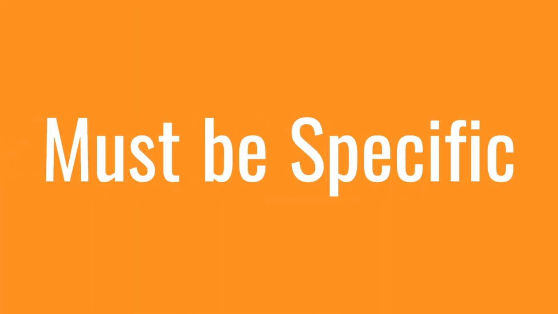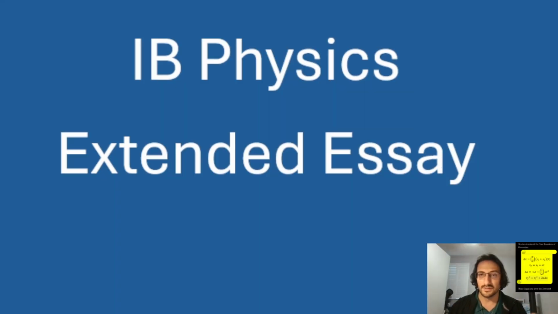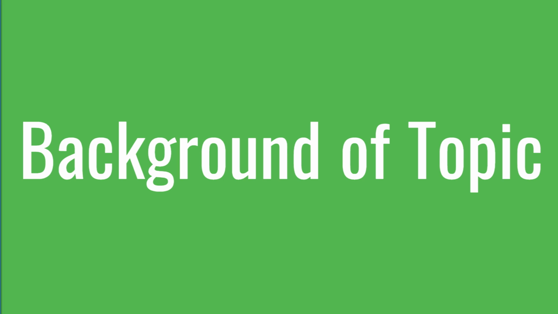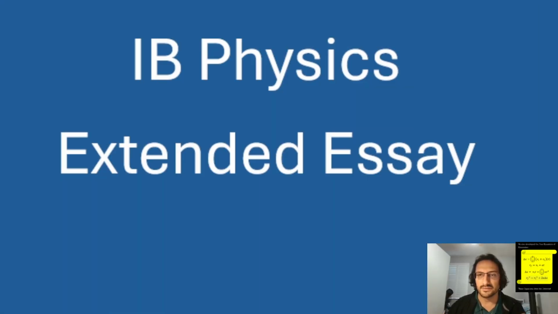Besides the research question and the hypothesis, you should write a really good introduction about the topic with the background, with the theories, and you can use some equations to describe the topic in which you're going to conduct the research.